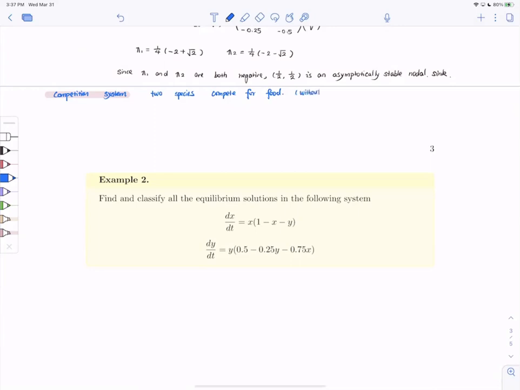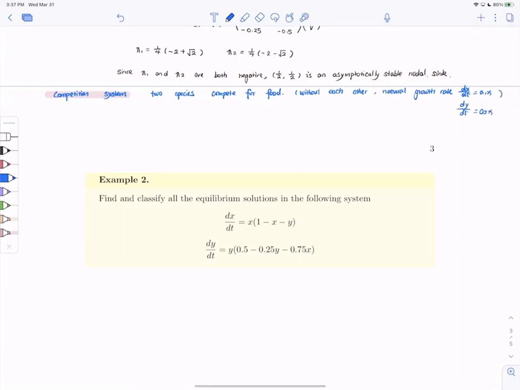Without each other, their natural growth rate is going to be positive. So let's say dx/dt is a1x and dy/dt is a2y.